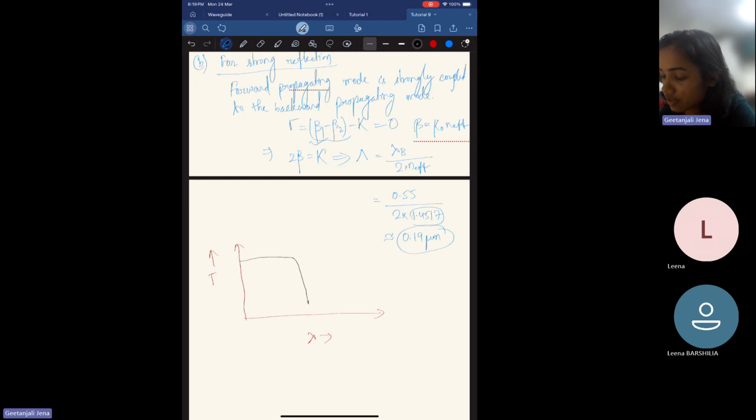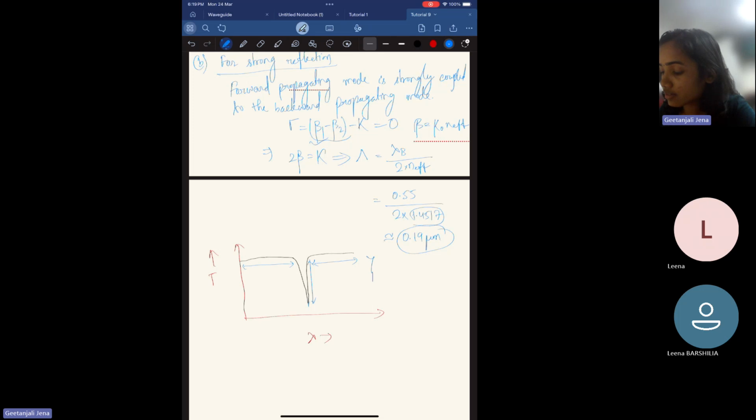So transmission is 0, and at other wavelengths it is transmitted through the fiber Bragg grating. We have maximum transmission for all the other wavelengths without any loss, but at the desired wavelength, the transmission is almost 0.